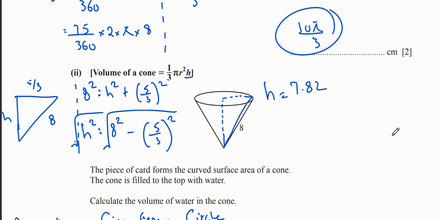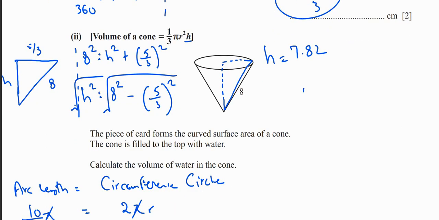Now since we have all the things we needed, 1 upon 3 multiplied by pi multiplied by r square, which is 5 upon 3 square, multiplied by height, which is 7.82.